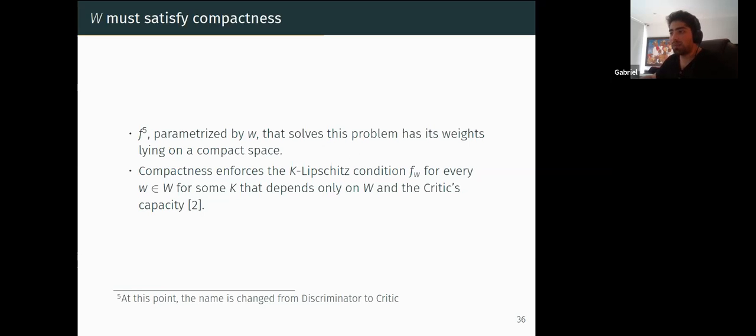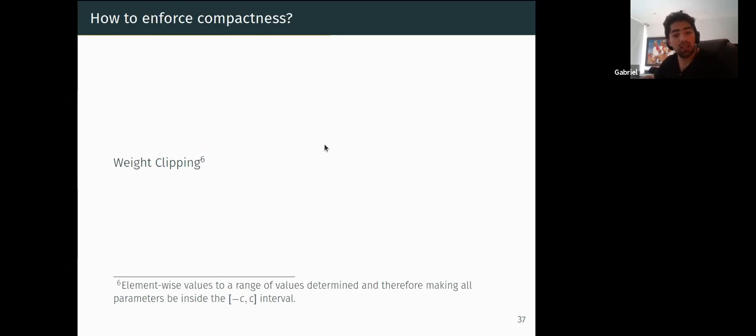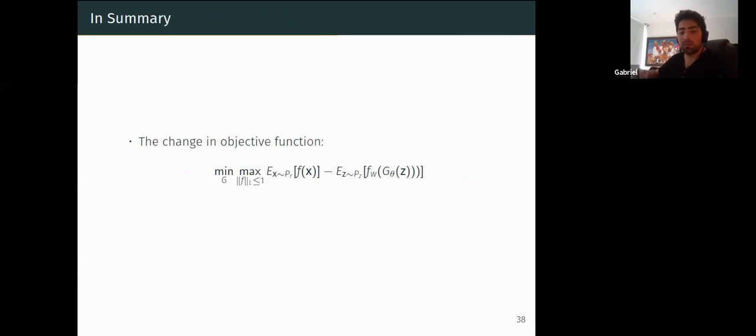And that's something that we're going to solve initially by weight clipping, which means that we're just going to clip all its weights to the extremes of their intervals. So now, from the initial objective function, we have still a minimax game, but with a difference in expectations, which is kind of an improvement.